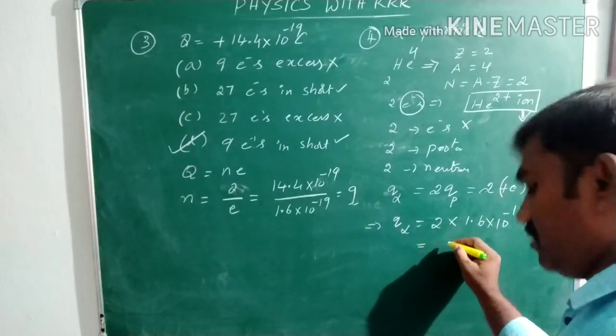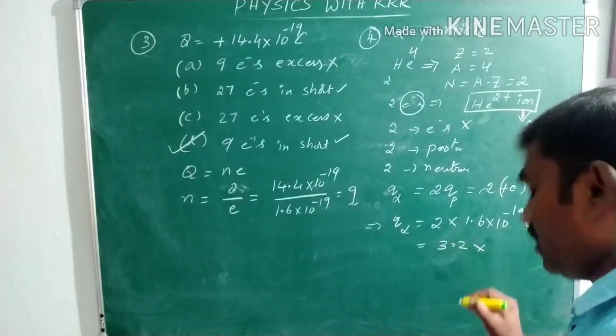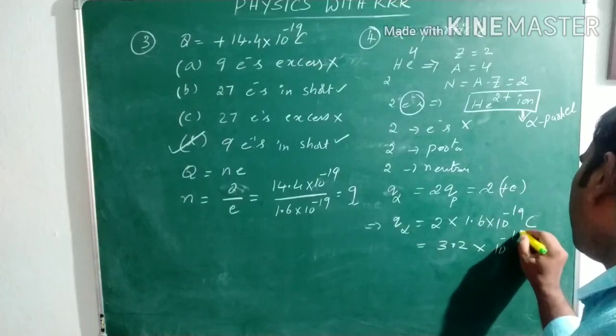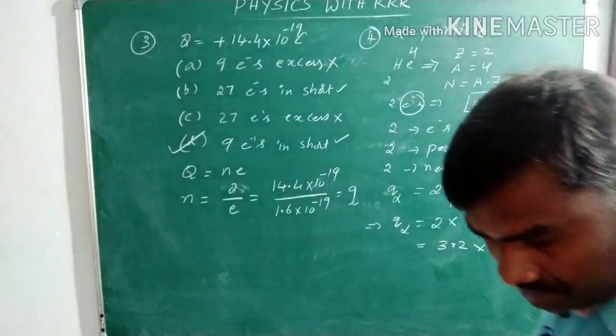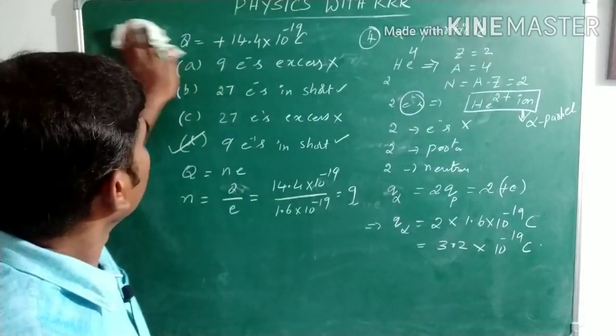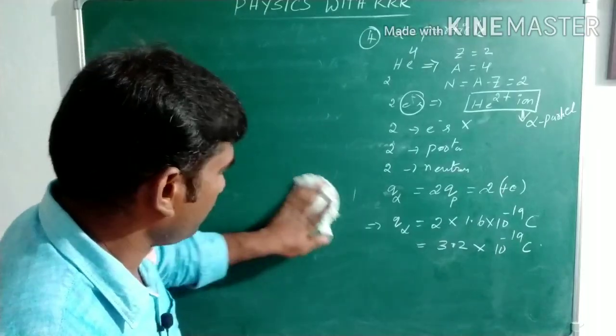So as per the option, this is 3.2 into 10 power minus 19 coulomb. So an alpha particle is nothing but a helium 2+ ion.